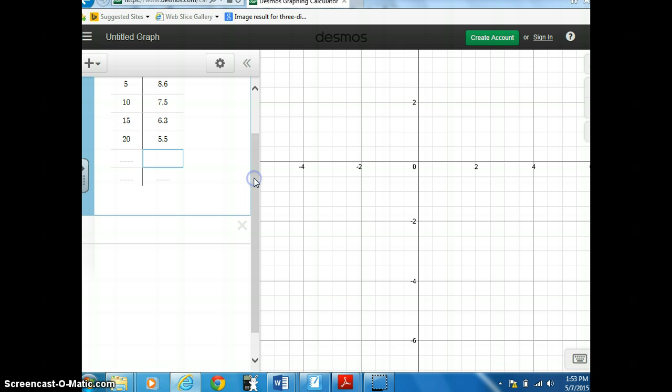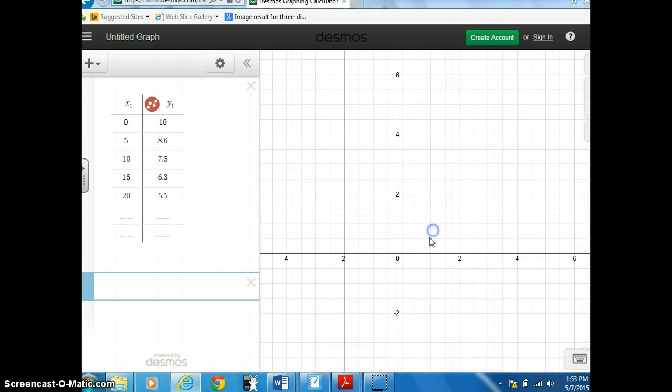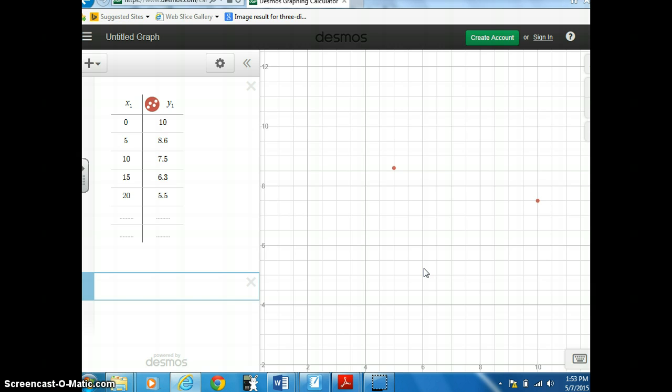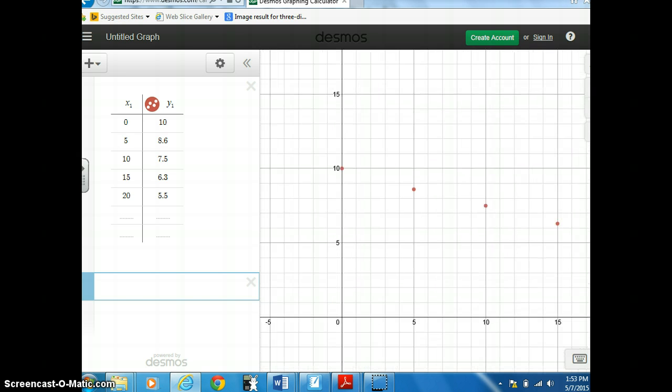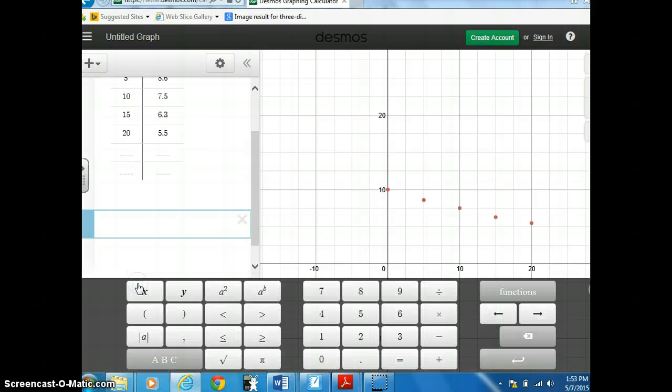Okay, after I get my table of values in there, I'm going to go to my next line, and I'm going to ask it to write an equation. Well, we can take a look here to see if our points are plotted. There we can start to see them. The points that we put in our table are there in red. So I'm going to ask it to write an equation.